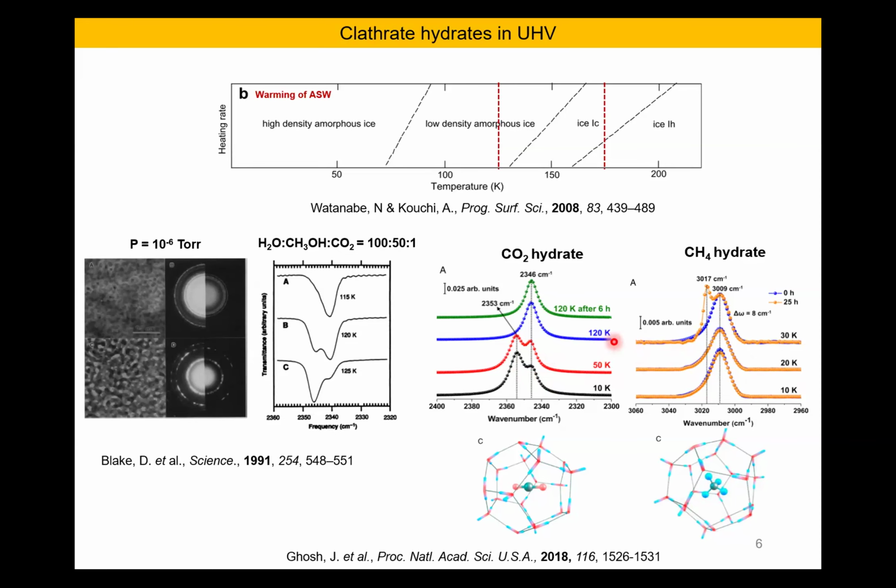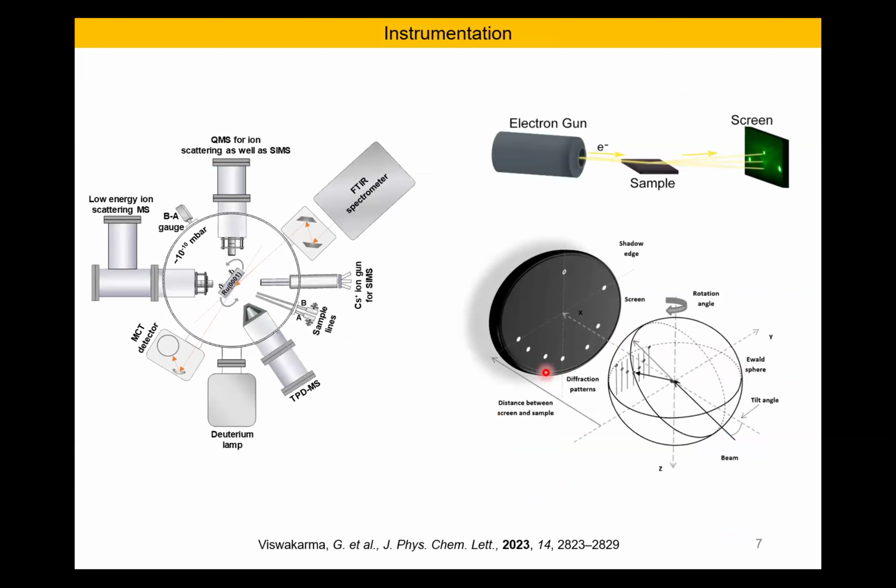So what we did was electron diffraction experiments and infrared spectroscopy, both hand in hand, and show that it is possible that clathrate hydrate can form in ultra high vacuum and cryogenic conditions. The left side is our instrument here at IIT Madras, where in this particular study we have only used RAIRS, which is reflection absorption infrared spectroscopy.